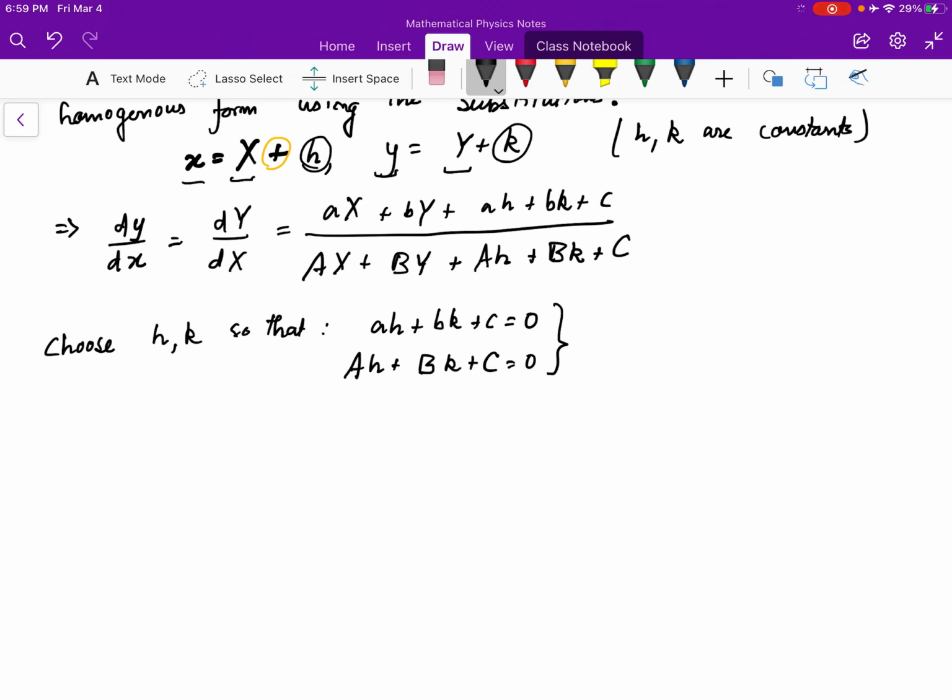Both these conditions need to be satisfied in order to use the substitution and the reduction to the homogeneous form.